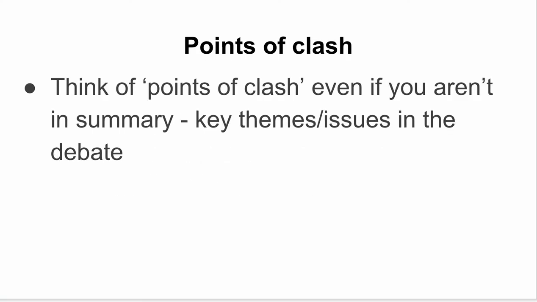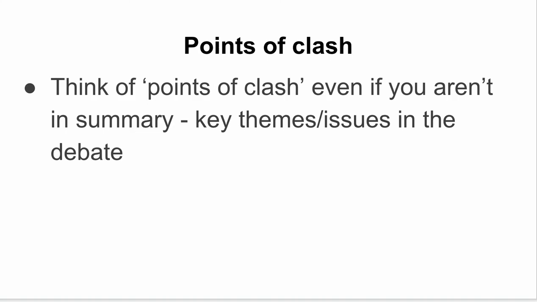Okay, the fourth idea, and we're getting on to more practical points here, is this idea of points of clash. If you've done debating before, you know that summary speeches are often about points of clash, the key issues, the key themes in the debate. But it's useful to think of points of clash, even if you aren't a summary team or the summary speaker. So think of what the main issues are going to be in this debate.